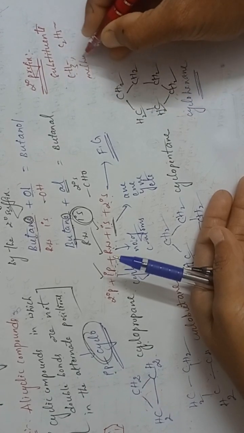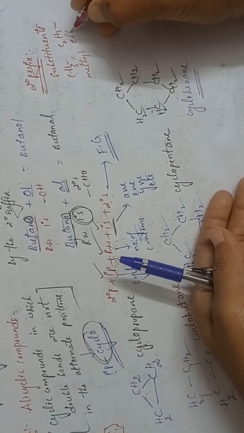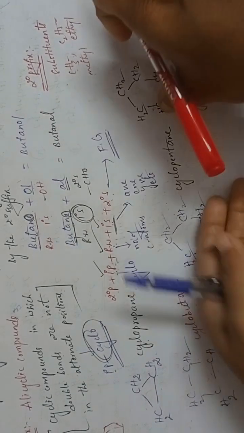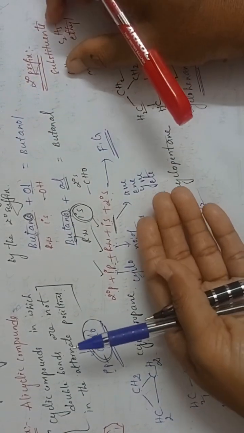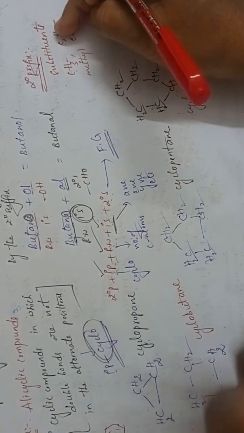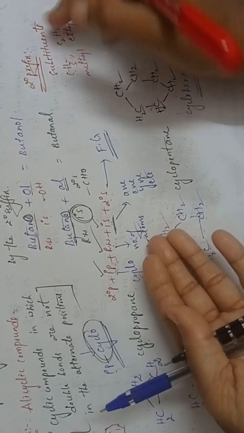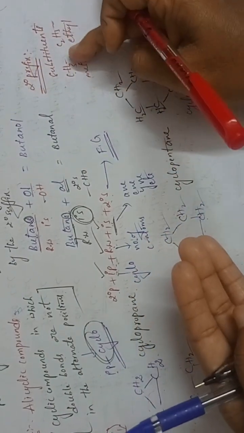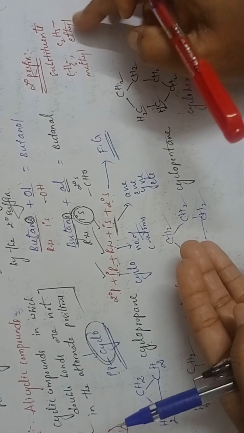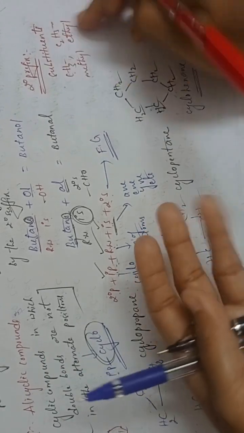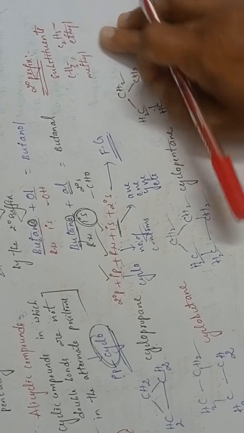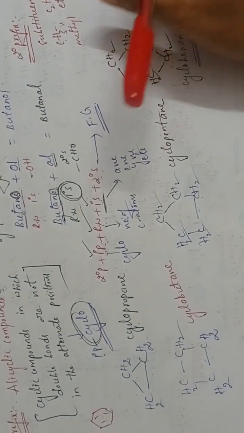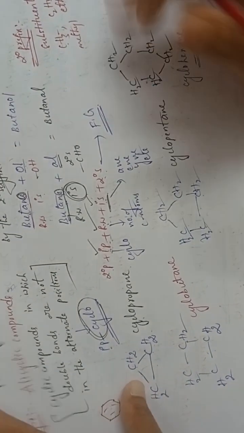Methyl has one carbon, and two carbons is ethyl. When these groups are attached to the parent carbon chain, they act as substituents, so they are called secondary prefixes. One carbon in the side chain is methyl, two carbons is ethyl. Secondary prefixes we have to use. Clear, students?